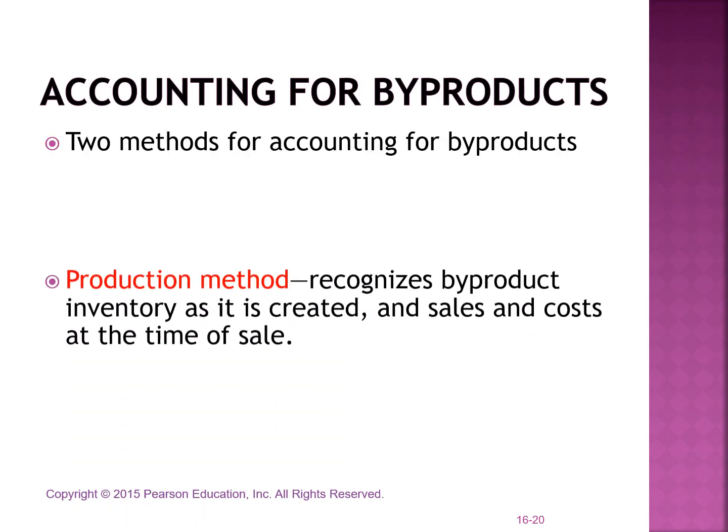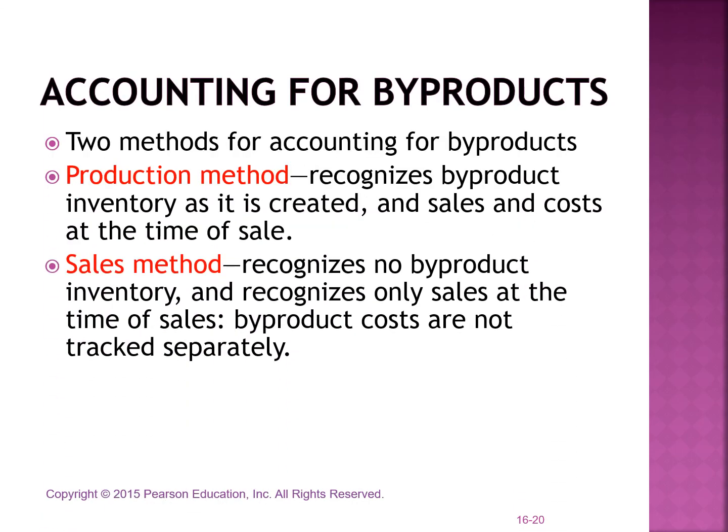Accounting for by-products, we have two methods: the production method and the sales method. The production method recognizes the by-product as it is created, with sales and cost at the same time.